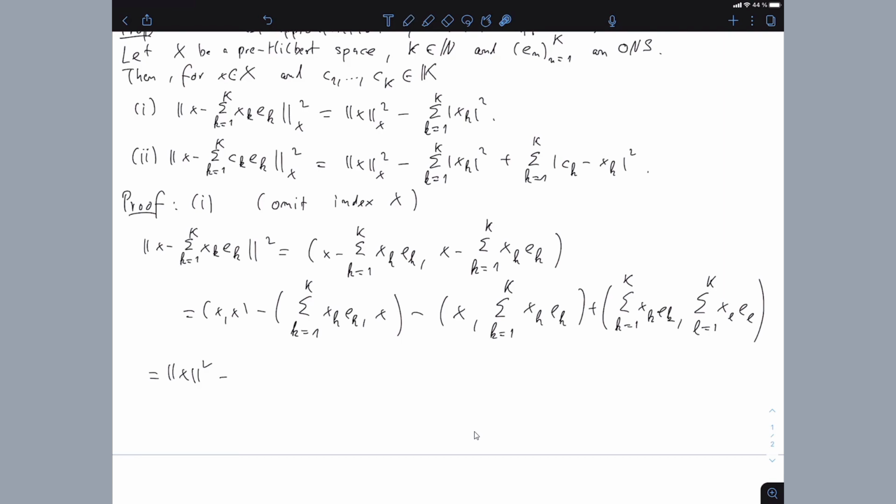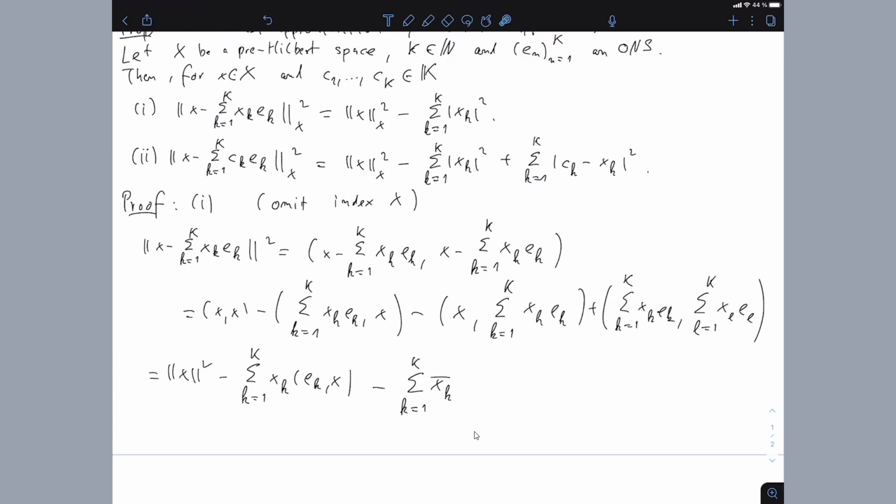Now we can factor out the sum and the coefficients. So that's e_k, x minus, and again we factor out the coefficients, and here we have to recall that this is a scalar product on the complex values.